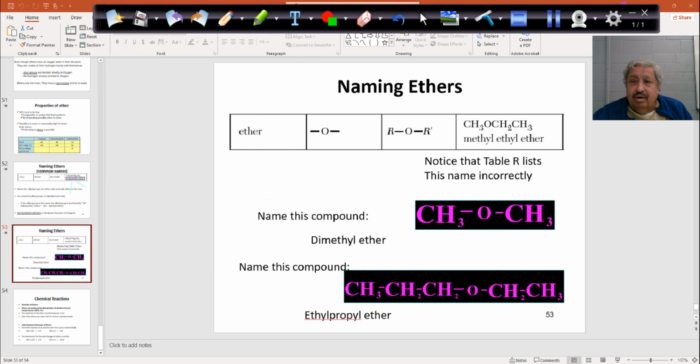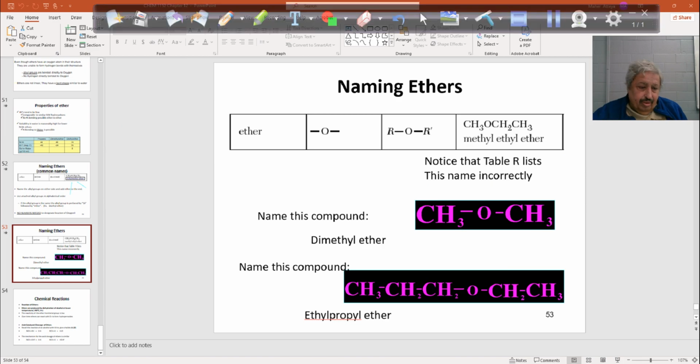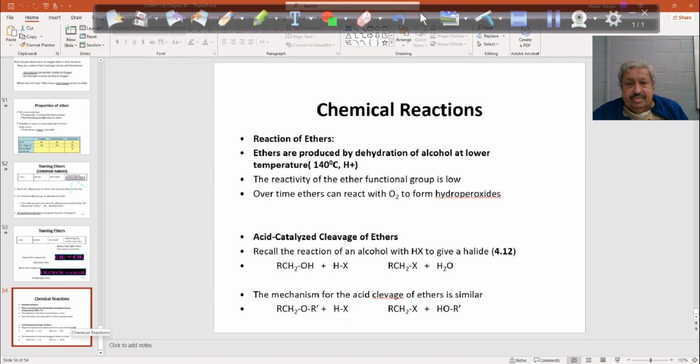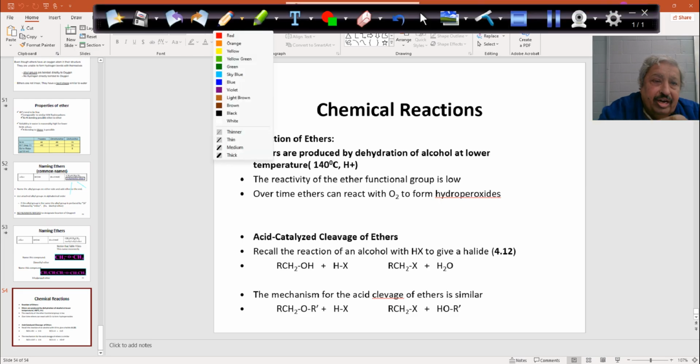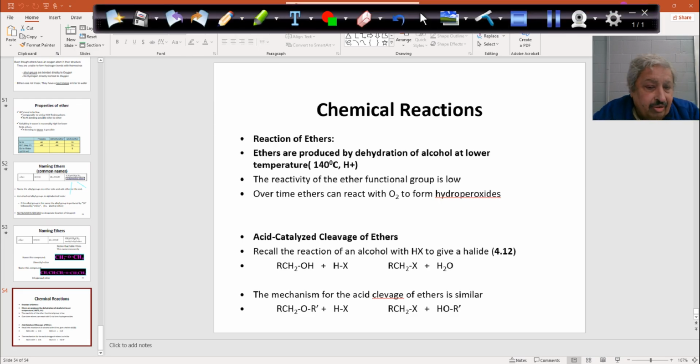So, saying this, going to the last slide here. The last slide, the chemical reactions of ethers. As I said, it depends on R. If R is smaller, then it will react chemically, correct? And it reacts similarly to alcohols and thiols.